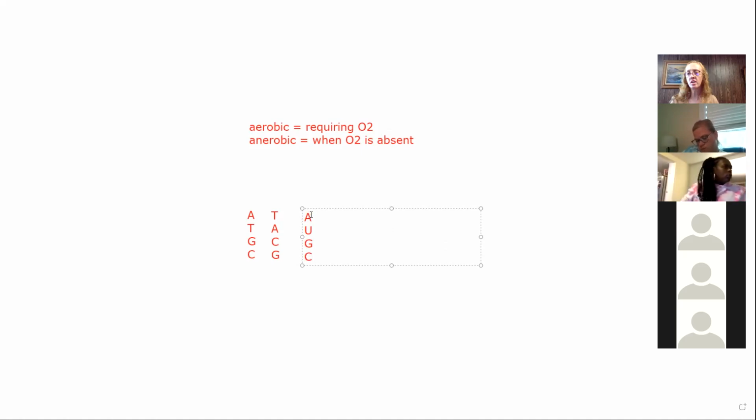So when we are taking the DNA and encoding it into RNA, thymine is going to base pair with adenine. Adenine is going to base pair with uracil. Cytosine is going to base pair with guanine, and guanine is going to base pair with cytosine. So a DNA sequence is going to dictate what the RNA sequence is.